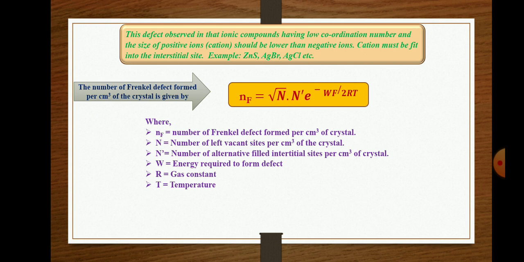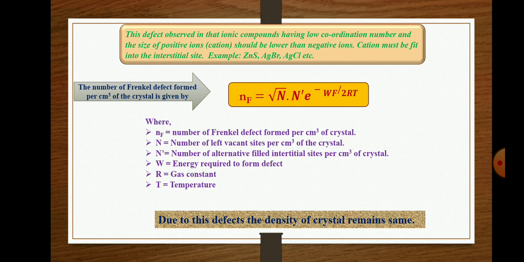By the number of left vacant sites, that is capital N, formed per cm cube of the crystal, and n dash is to calculate the number of alternative filled, the migration of ions from lattice point to interstitial site, that is also important per cm cube of a crystal. Wf is the energy required to form Frenkel defect. R is a gas constant, T is the temperature.